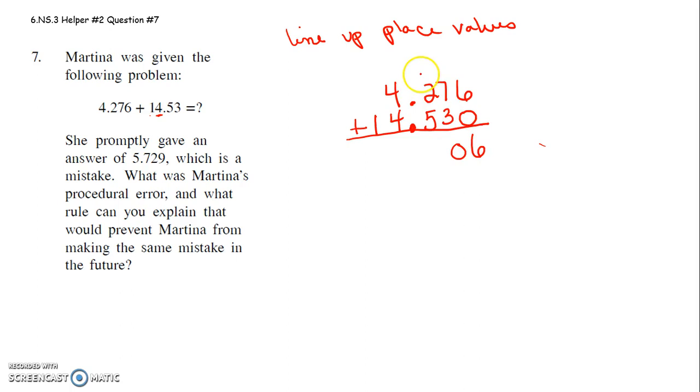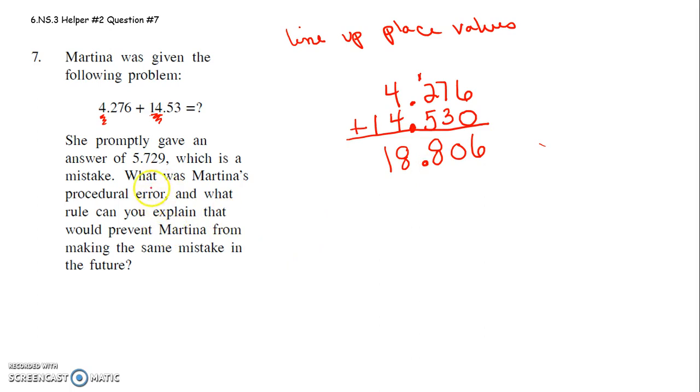Put down a 0, carry a 1. 1 plus 2 is 3, plus 5 is 8. 4 plus 4 is 8, and then 1. And there's my decimal point I brought right down. And I knew if it was 4 plus 14, our answer had to be somewhere around 18. So the correct answer is 18 and 806 thousandths.